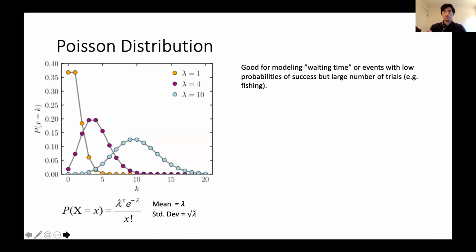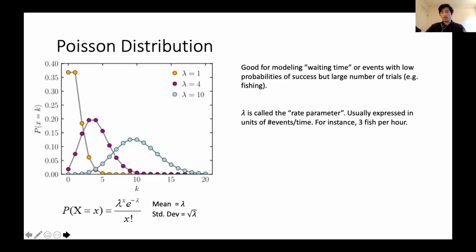So a good way to model the probability of catching a fish is, let's say there's some probability that you will catch a fish in the next minute. What is the probability that if you're waiting for 60 minutes, you will catch some number of fish? That's how the Poisson distribution models arrivals or rates.